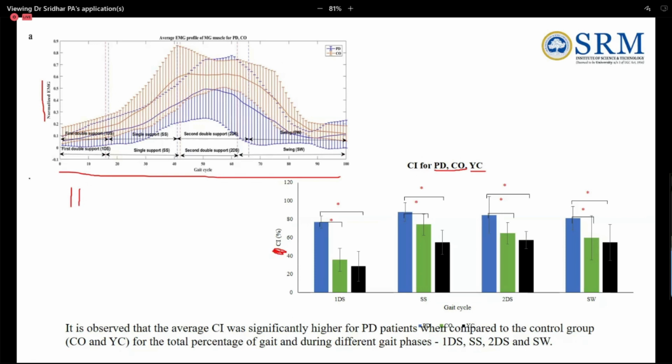The young group has the highest area, but the change will happen across the different gait cycles. The muscle area is not about the muscle mass, but about when the contraction happens and how this area will change. That is what has been recorded in this particular case. So you can see the difference in this area.